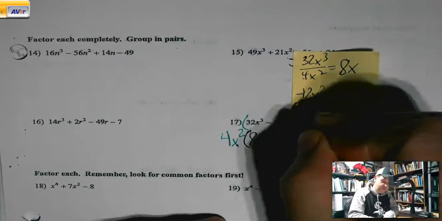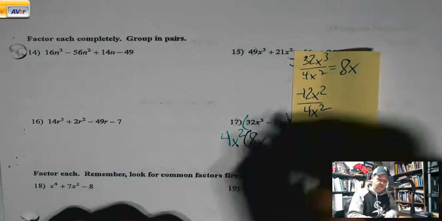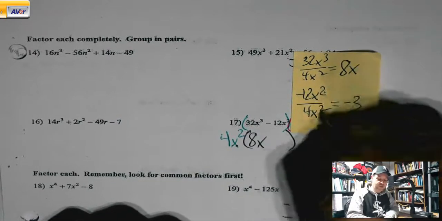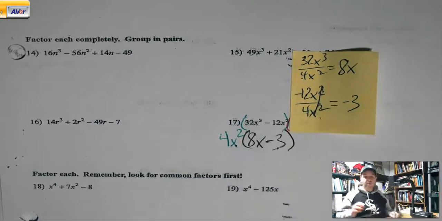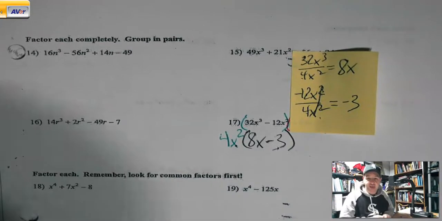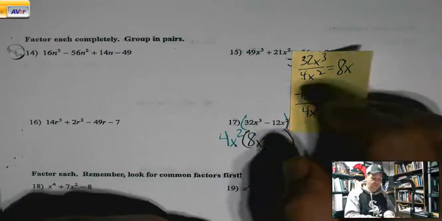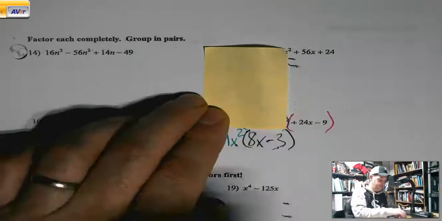Take the term in the parentheses, we're dividing it by what we put out here. We divide the coefficients, we subtract the exponents, and 2 minus 2 is 0, which means those go away. So our goal now in looking ahead at the last one is going to be, I need this same set of parentheses to show up when I do this. So let's see if we got this.